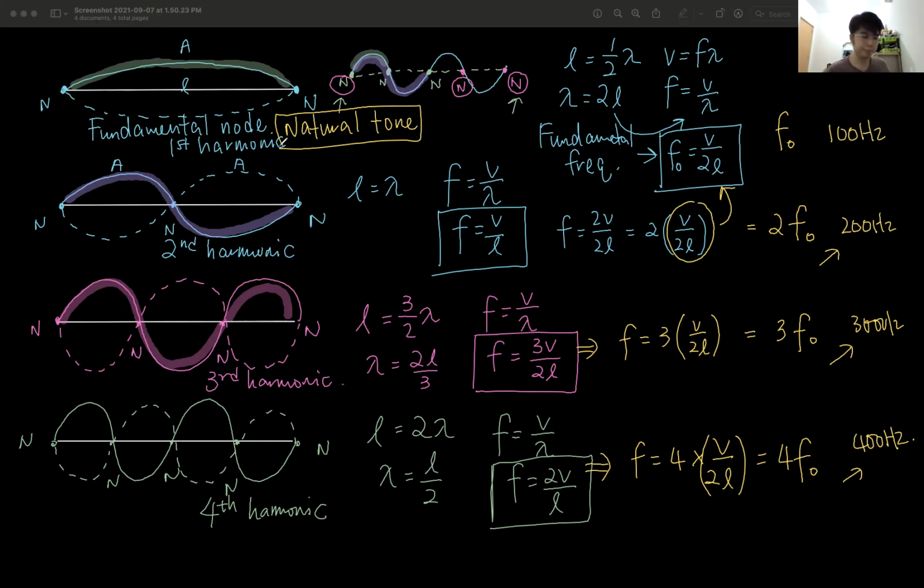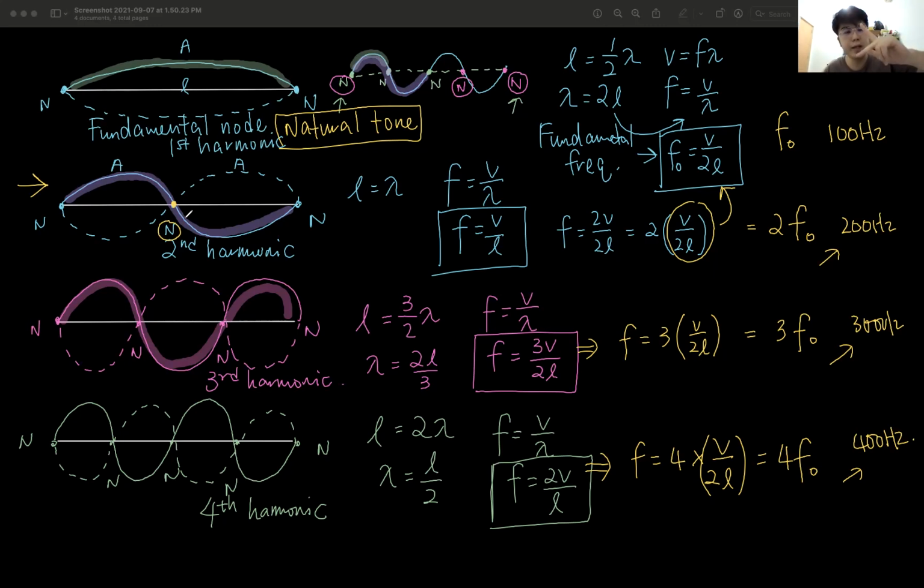So suppose that, let's say I want to hear the second harmonic. I want to hear this louder. What do I do? If I want to hear the second louder, then I would create a node in the middle like this. How do I create a node in the middle? I press the string.